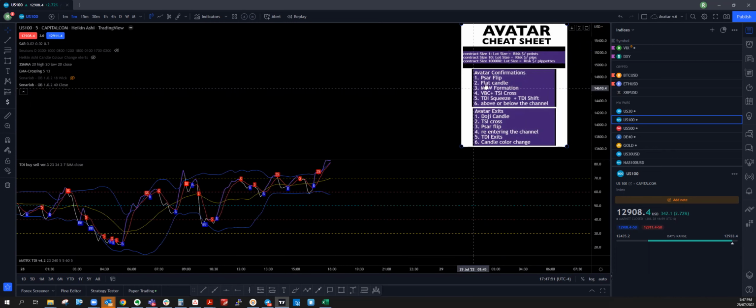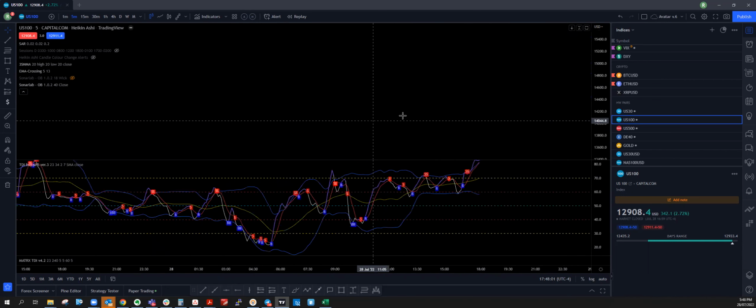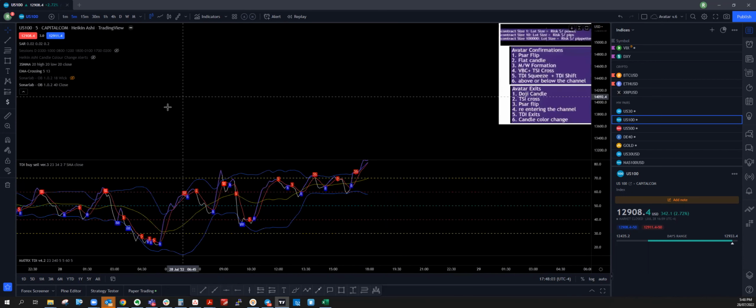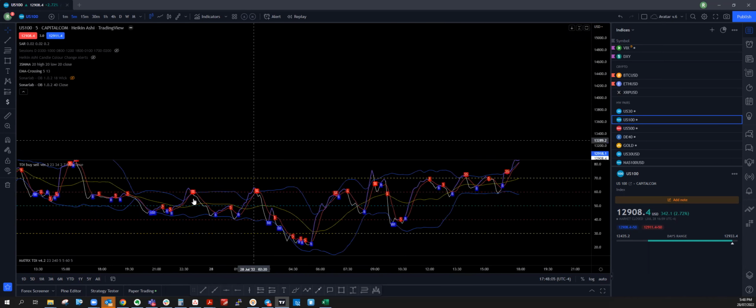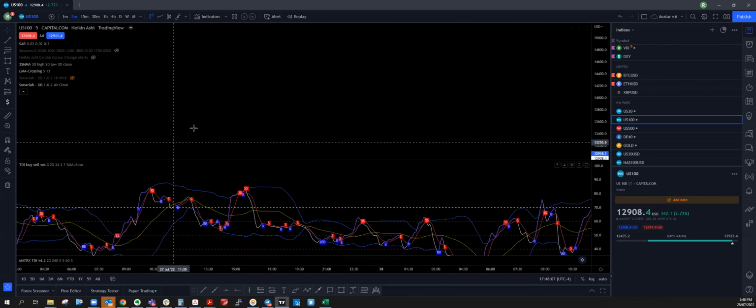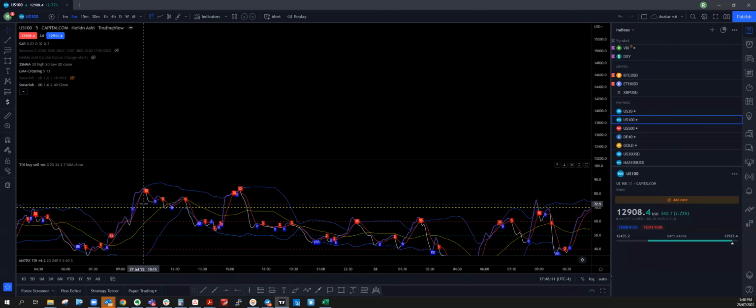And so these first three are for trend trades. The VBC plus TSI cross is for reversals. So let's just say you see a really strong push to the upside and you want to catch that reversal on the way down, but you don't want to wait for the shift because the EMAs are all spread out, and you don't want to wait till it gets halfway down and then get in for a sell and it turns around on you.